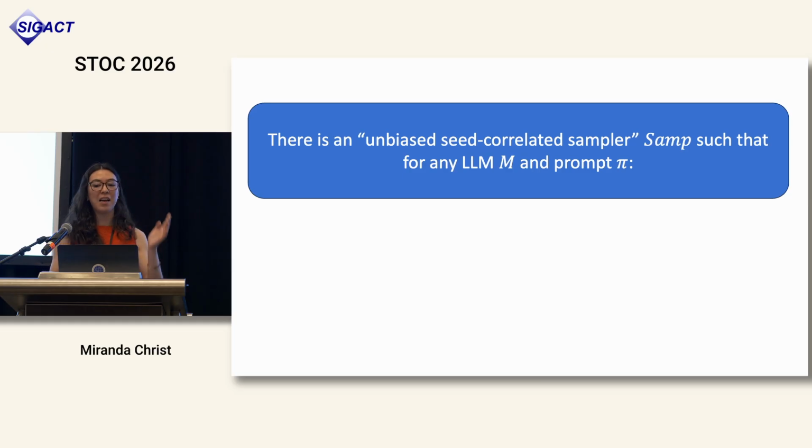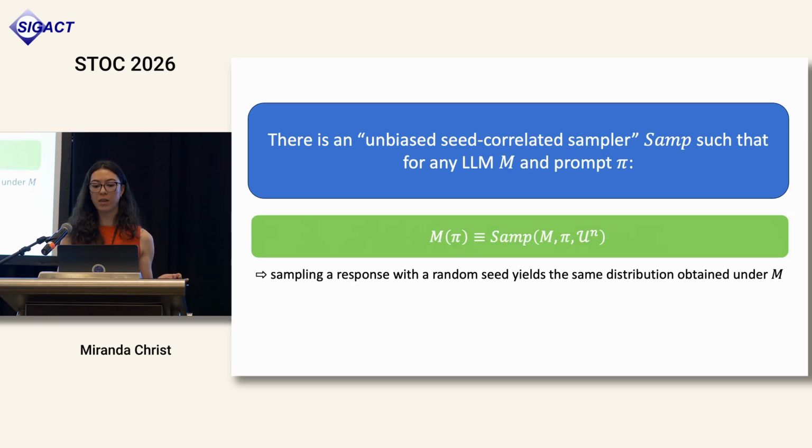And taking a step back and saying it a little bit more formally, you can show that for language models, there is some, what I'll call, unbiased seed-correlated sampler that you can think of as taking the model and the prompt and some additional randomness and resulting in a distribution that is identically distributed to the original model on that prompt.